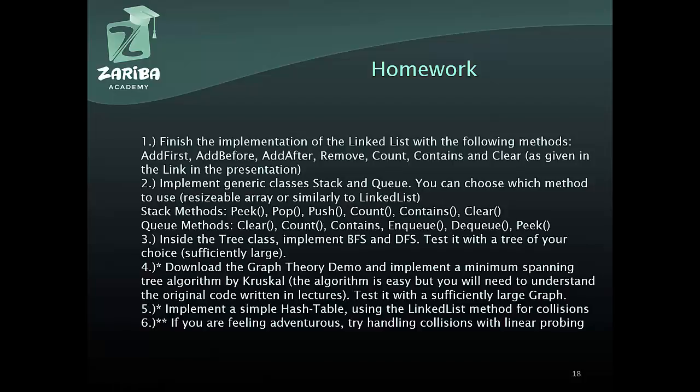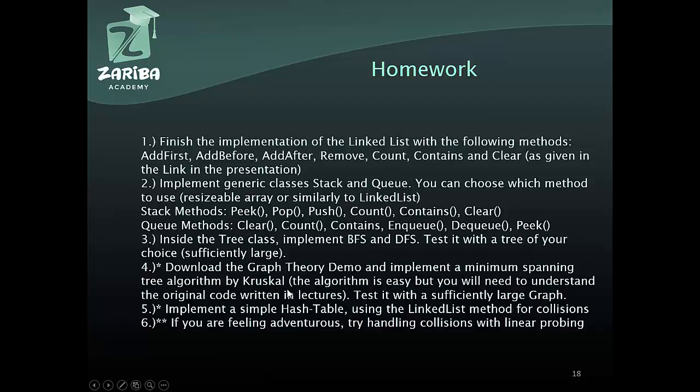Number 4 is, because we didn't talk much about graphs, and I'm sure that you don't remember as much: download the graph theory demo from two courses back, and implement a minimum spanning tree algorithm by Kruskal.